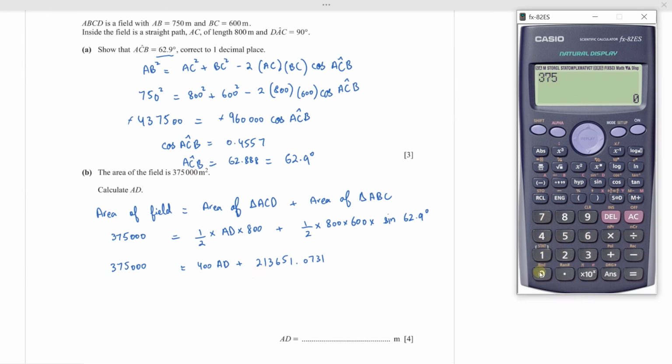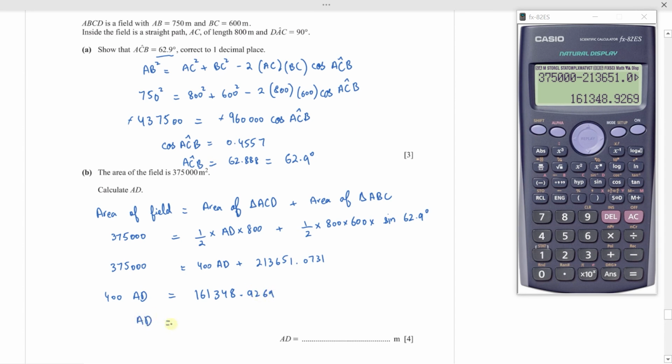So 375,000 minus 213,651.0731. So this will be AD. So AD, in fact 400 AD will be equal to 161,348.9269.